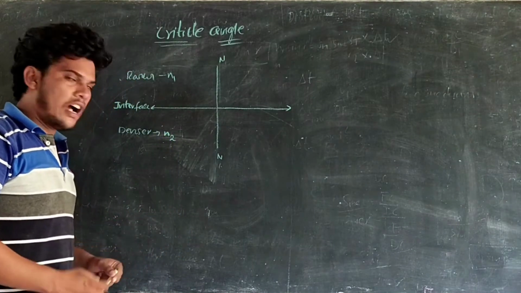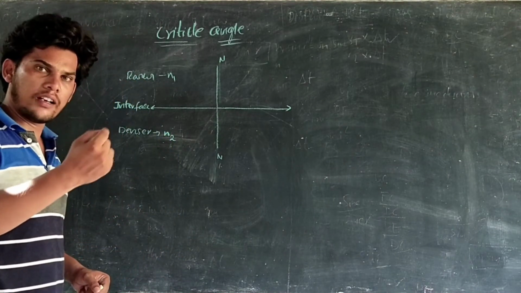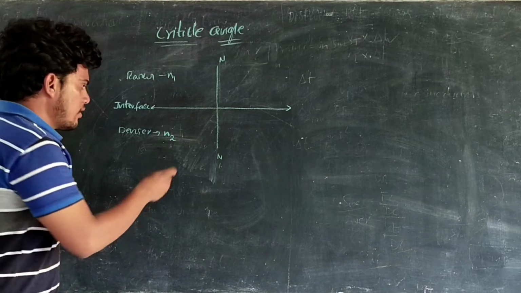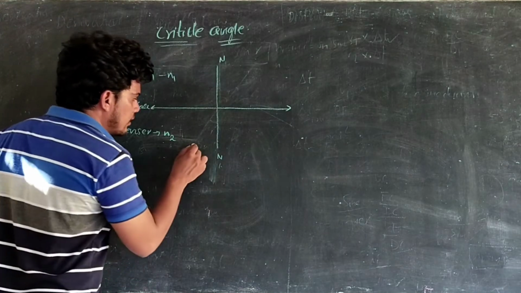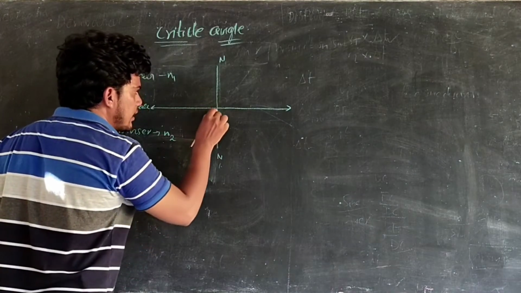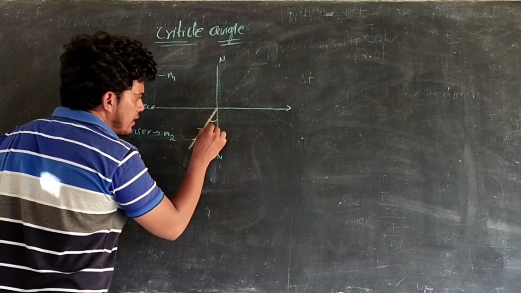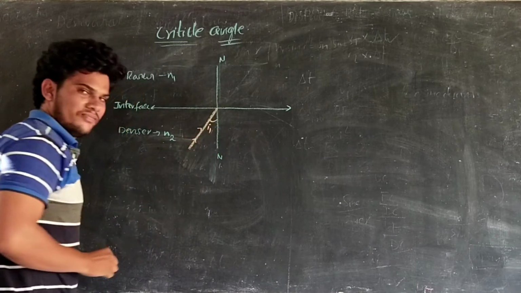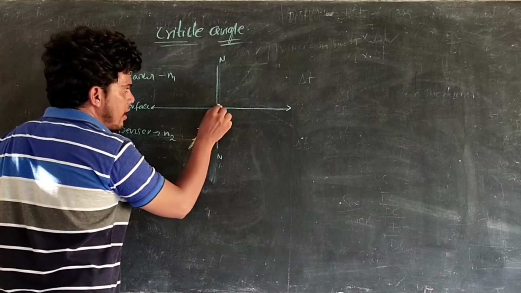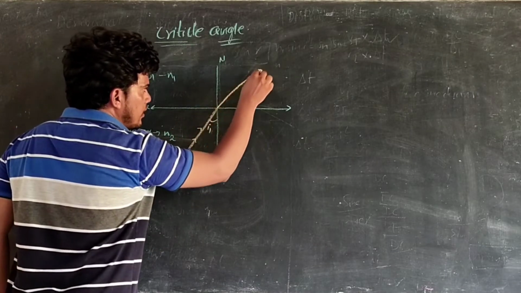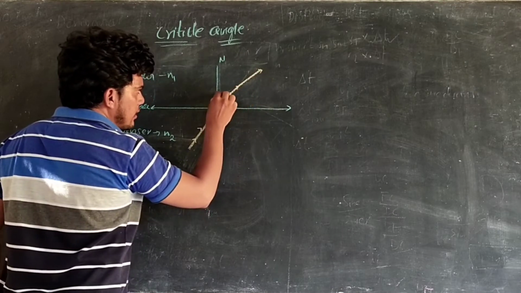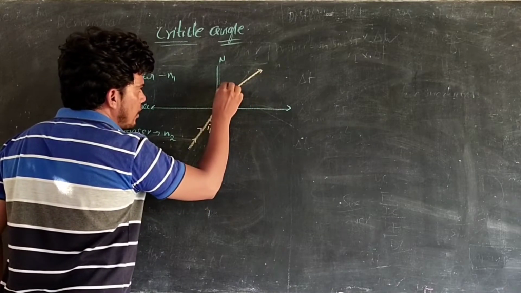So here I am passing incident ray 1 with a certain angle. The angle of incidence of this ray is I1. Then it deviates away from the normal. So this is the refracted ray. This angle of refraction is R1.